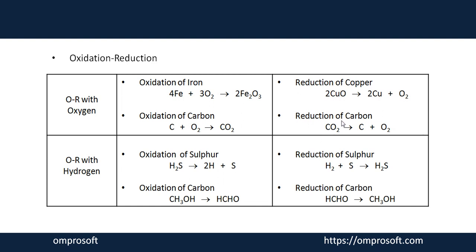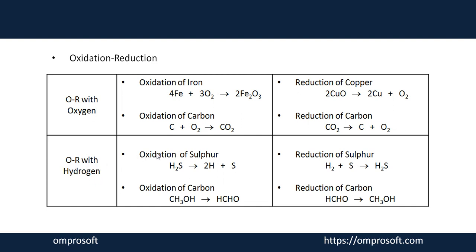And here, if you have carbon dioxide and the oxygen gets removed from the carbon, the carbon gets reduced itself because the oxygen is removed, and whatever electrons were given to the oxygen before come back to the carbon, and automatically the carbon moves towards the negative direction, and that's why the reduction of carbon will occur.